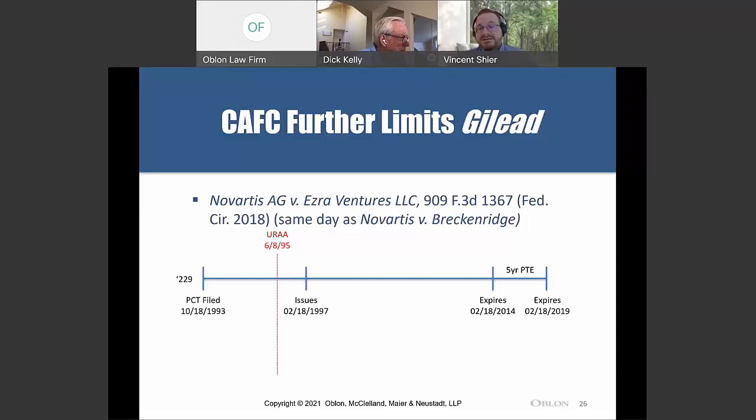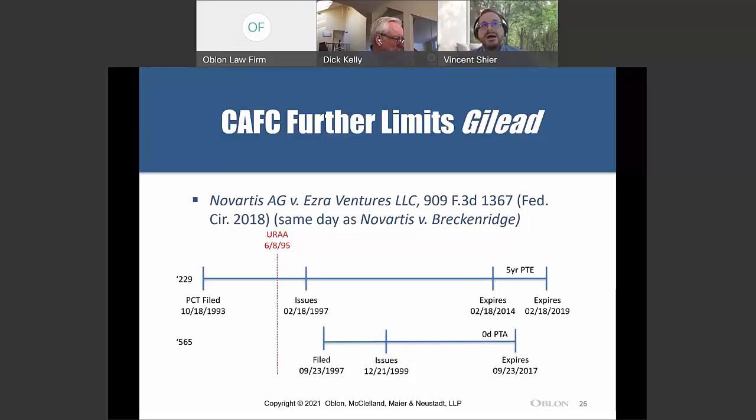On the same day, Judge Chen wrote a second decision, and that was in Novartis versus Ezra. Again, a similar scheme that we've seen time and again can be played out. We have an initial patent. There's a second that files, but in this case, they have similar disclosures, but there's no common lineage.